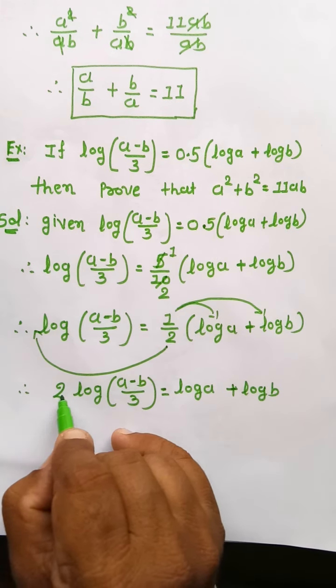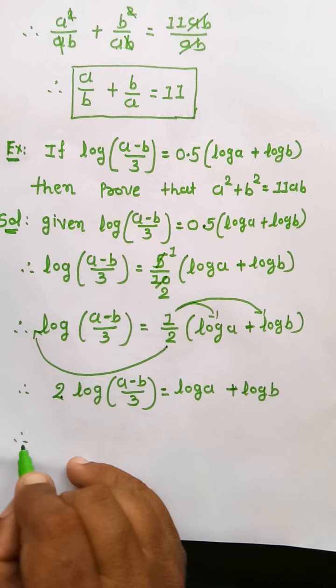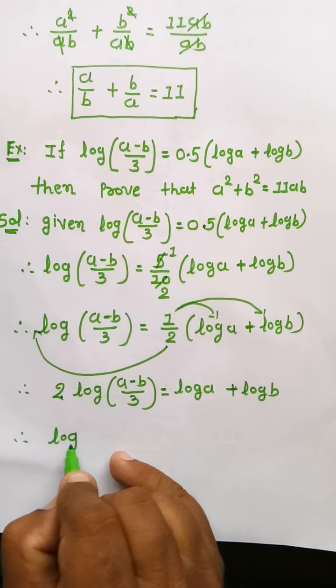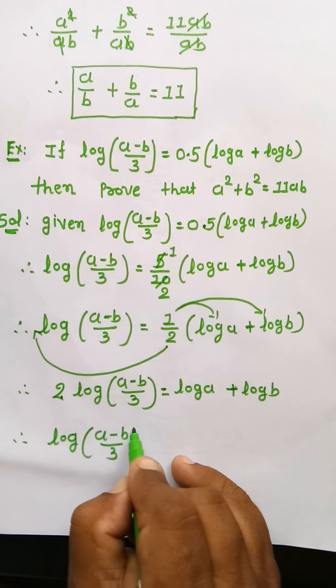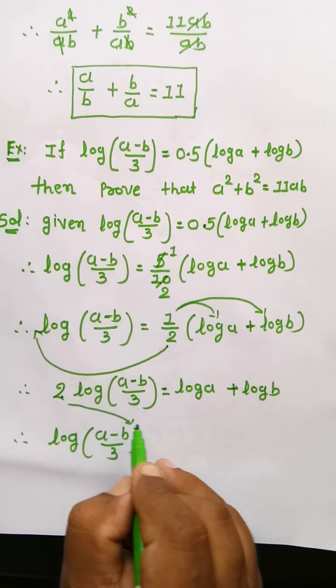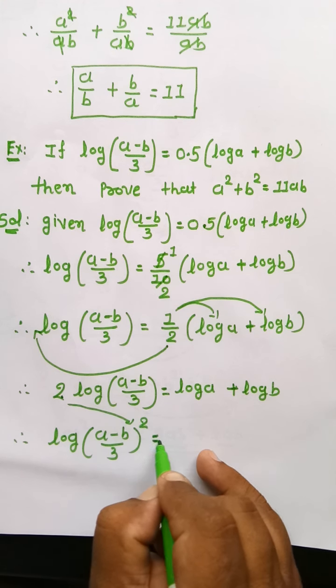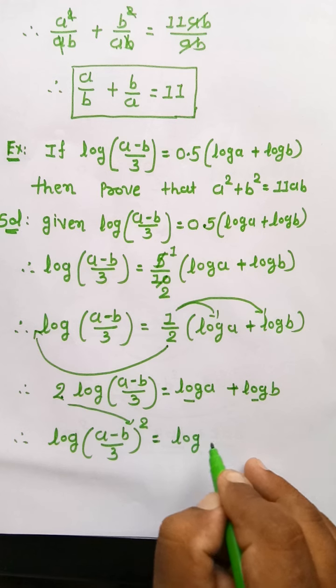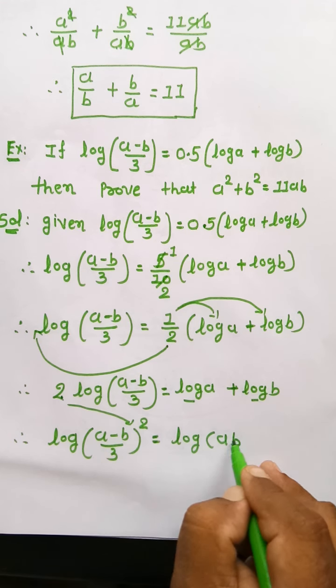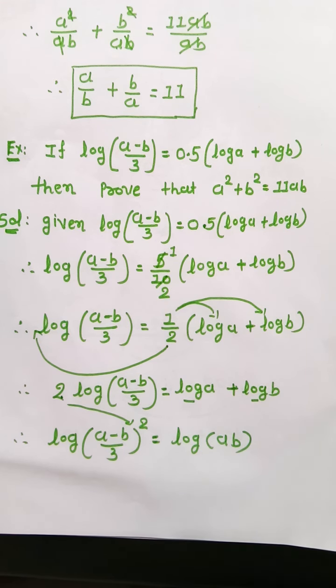Now here 2 is in multiplication, then 2 goes to logarithm power, (a minus b) by 3 is in power 2. Now log is common, so log common brackets mein a multiplication b.